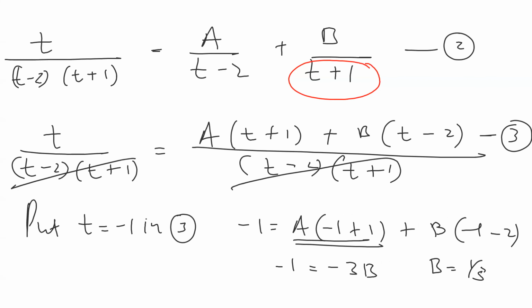Guys, where to put the value of A and B? In which equation? At the beginning, equation number 2. Numbering of equations while substituting is very important. So we'll put the value of A and B in equation number 2, right?